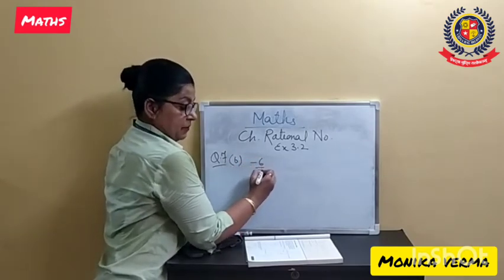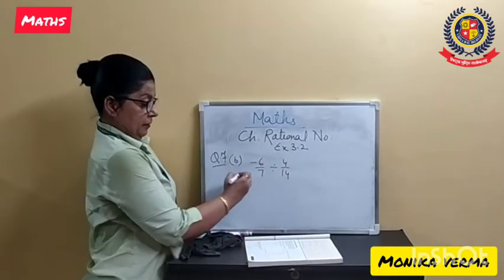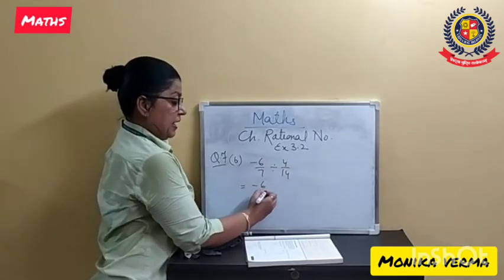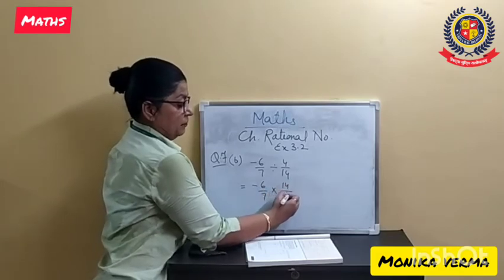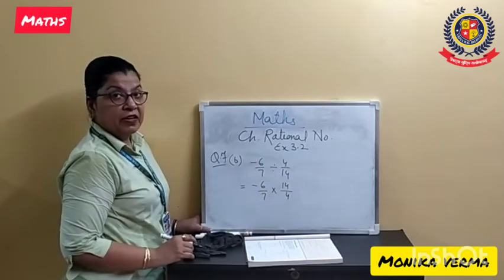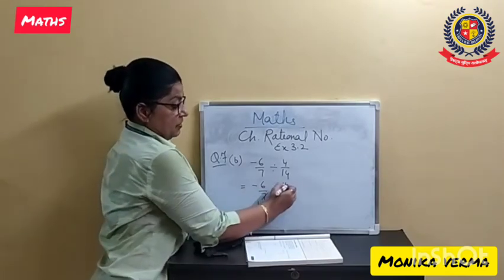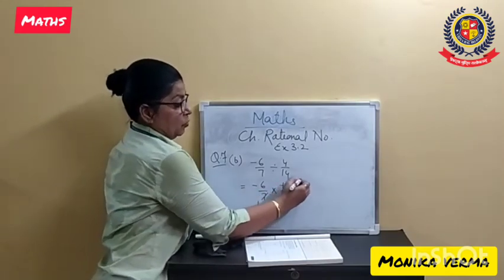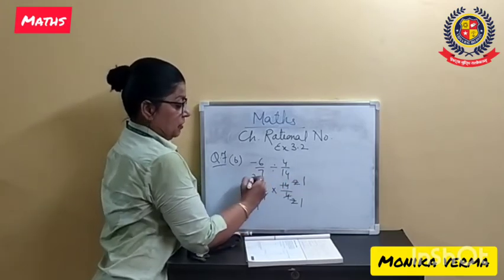Minus 6 by 7 divided by 4 by 14. We will write it as first number as it is, at the place of division multiplication, then 14 by 4. The number after division will be the reciprocal. 7 ones are 7, 7 twos are 14. 2 ones are 2, 2 twos are 4. 2 ones are 2, 2 threes are 6.